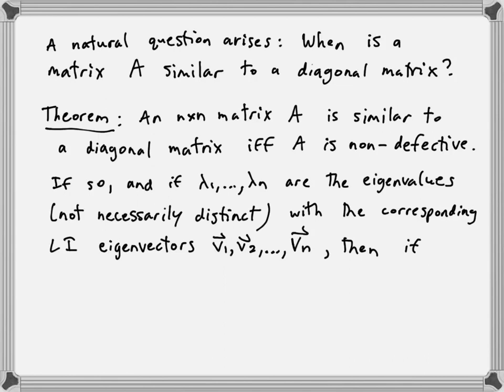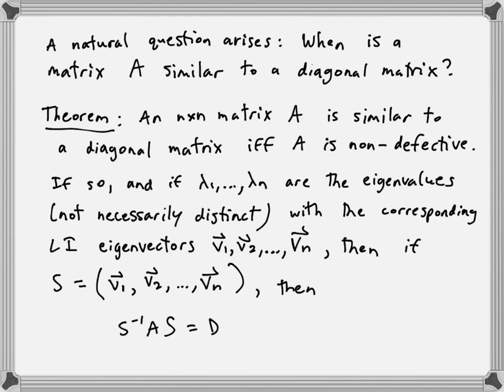Then, if S, and this is the trick here, the trick is to create a matrix of eigenvectors, V1, V2, Vn. Okay? So if you create the matrix of eigenvectors, then S inverse times A S is going to be your diagonal matrix. And that's going to be the diagonal matrix that has all the eigenvalues there.